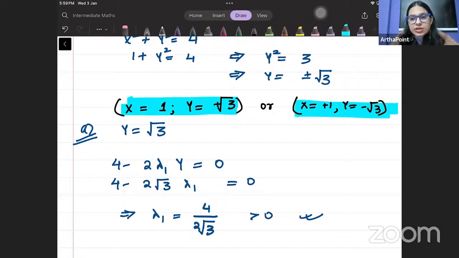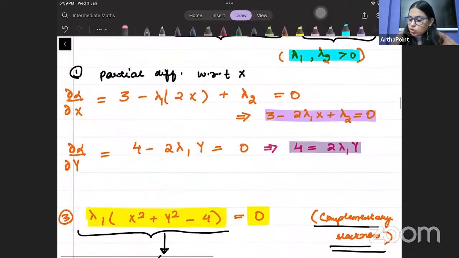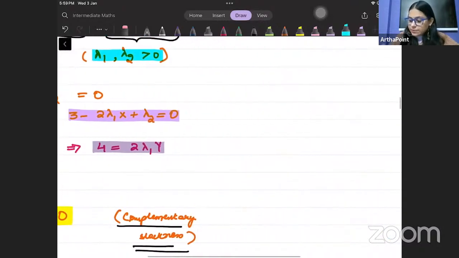And what are my other conditions? That lambdas should be strictly greater than 0. That condition must be satisfied. ये check करना बहुत ही जरूरी है बेटा. So now I will go back to the two equations that I had formulated. And from here, bache, what do I see? I see that lambda 1 is 2 by y.